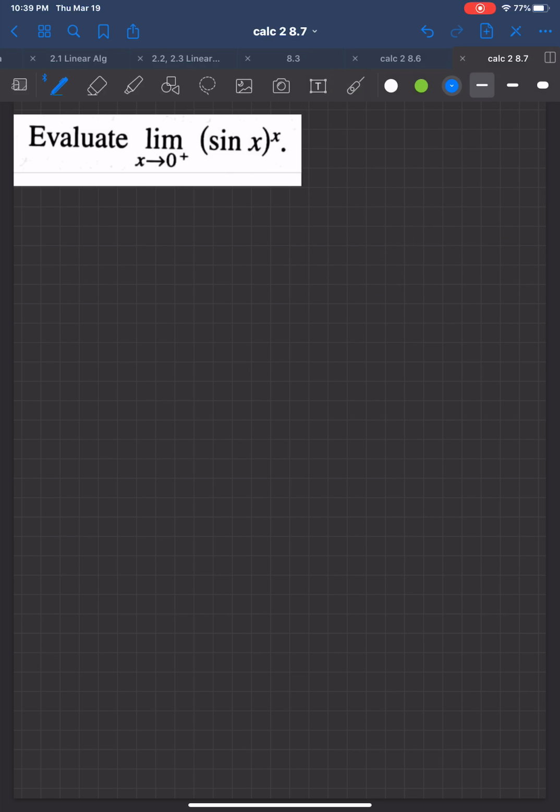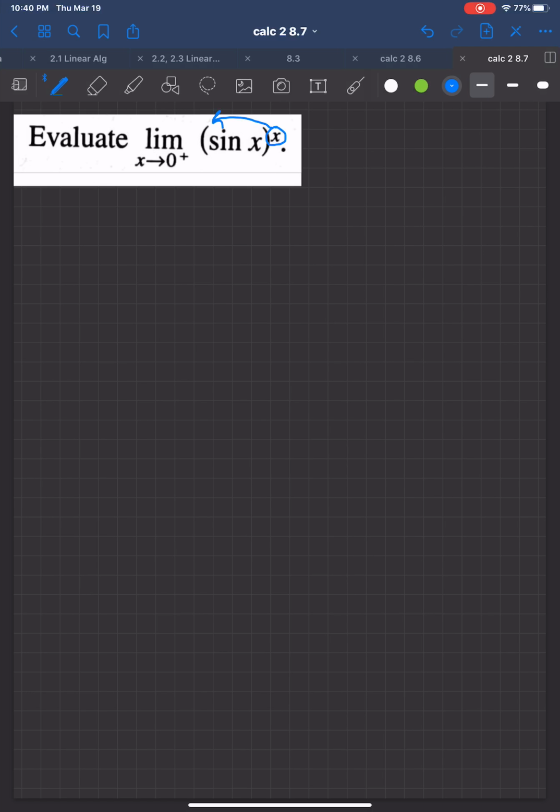One of the things you should keep in mind is that if you have the variable x as an exponent, you're probably going to have to use that ln rule. That's probably the game you're going to have to play. So let me rewrite this such that I can take ln of both sides.